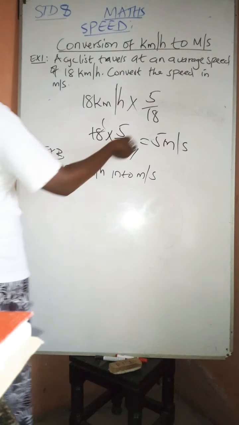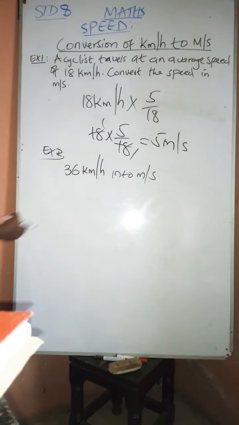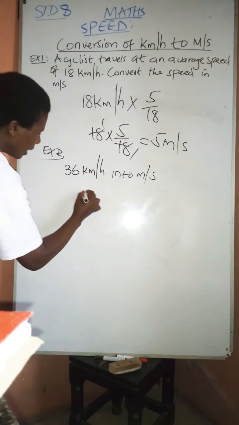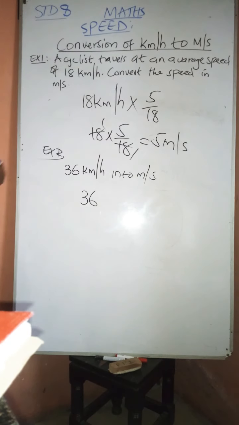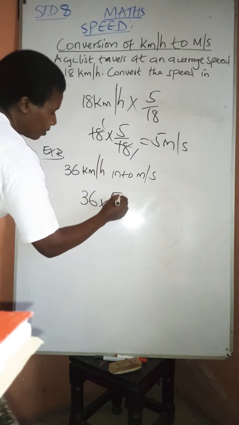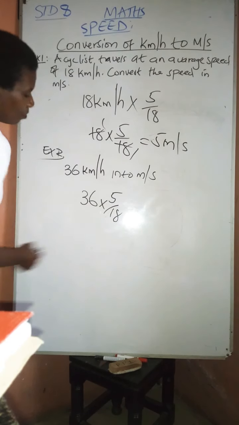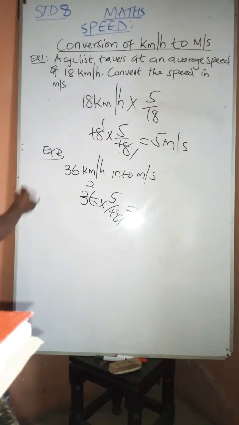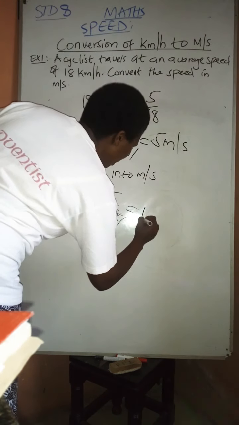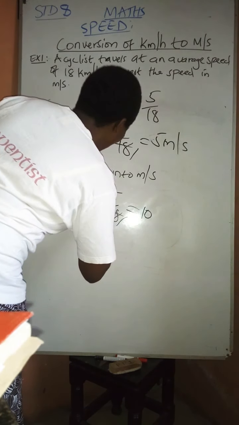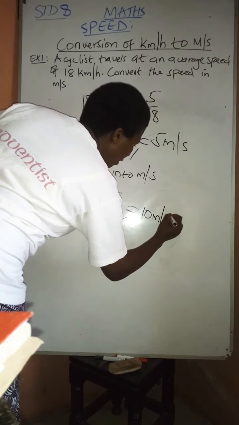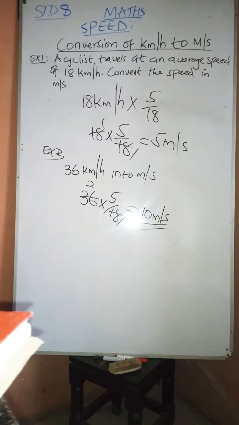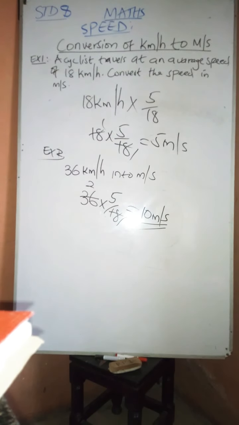Since we have a shorter method of working, we take our speed, which is 36 kilometers per hour, multiply by 5/18. Here 1, here goes 2. So our speed in meters per second is 10, that is 2 times 5, 10 meters per second. We have converted 36 kilometers per hour into 10 meters per second.